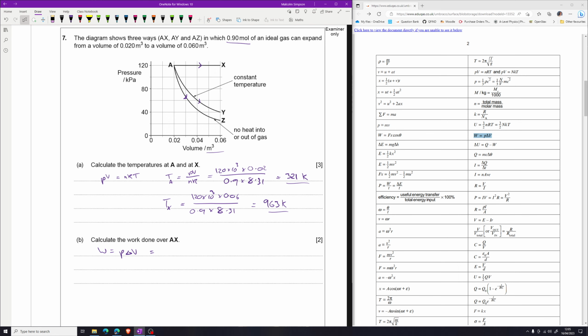Again, careful with the units. 120 kilopascals multiplied by that change in volume, and that's 4,800, and it's joules. This is an amount of work being done, so it is an energy. Yeah, so no problems there.